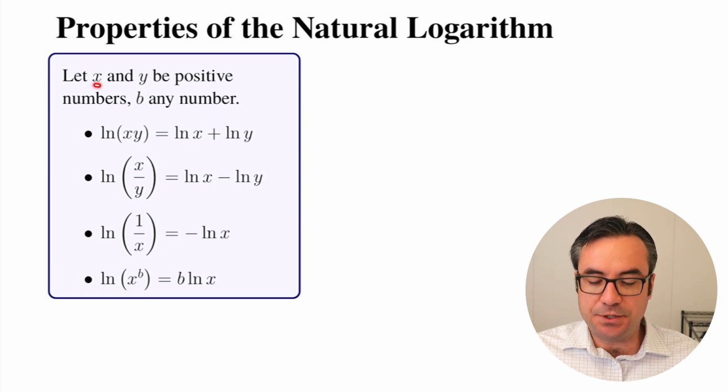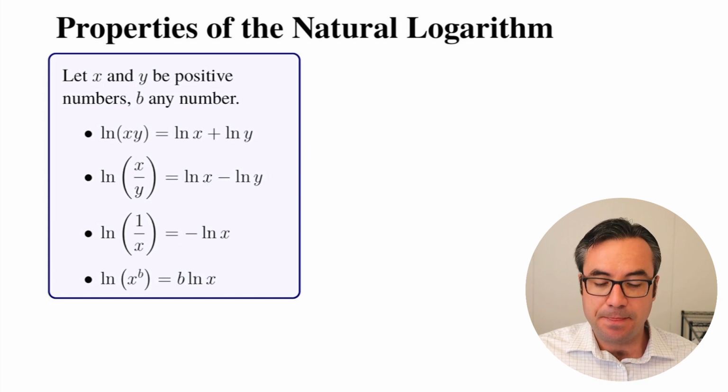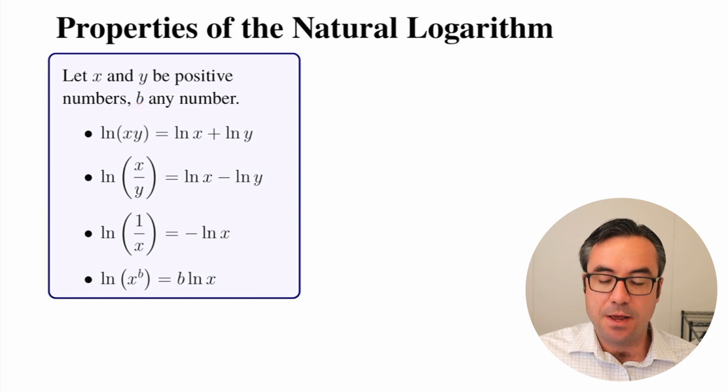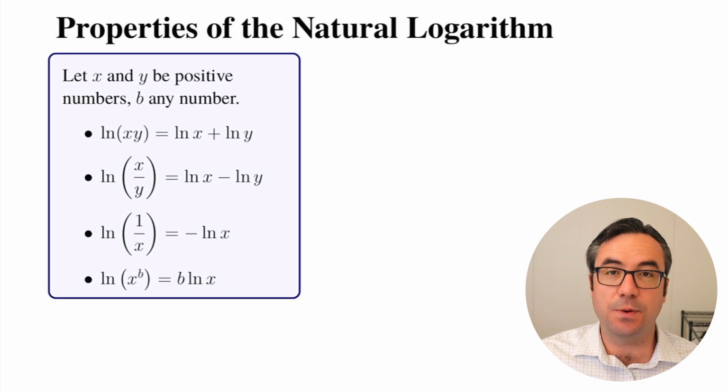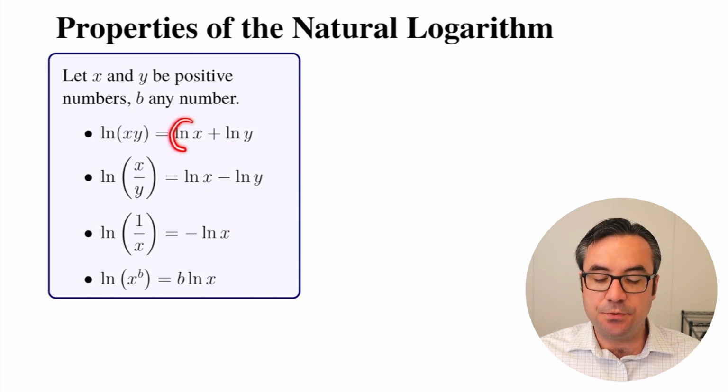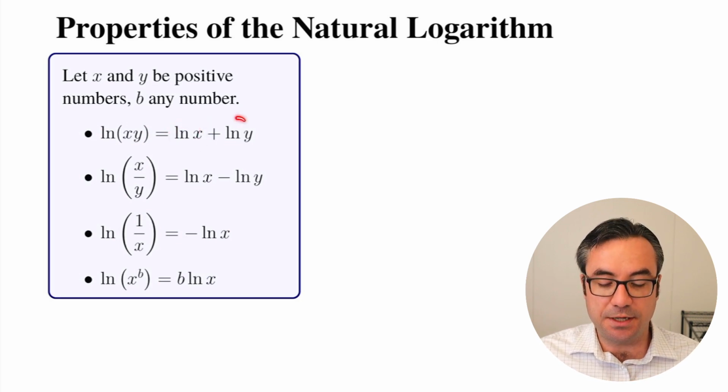So we're going to suppose x and y are just positive numbers, and later on, b can be any number. So the first property says that the natural log of x times y is equal to the natural log of x plus the natural log of y.